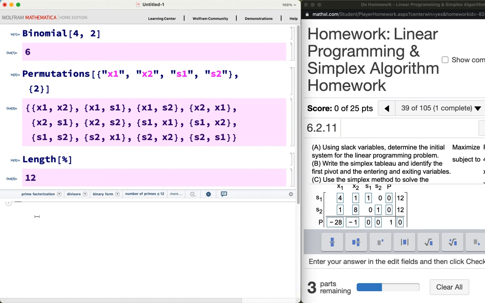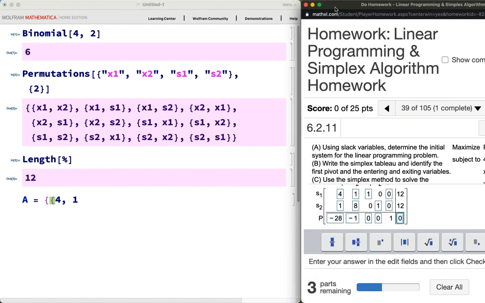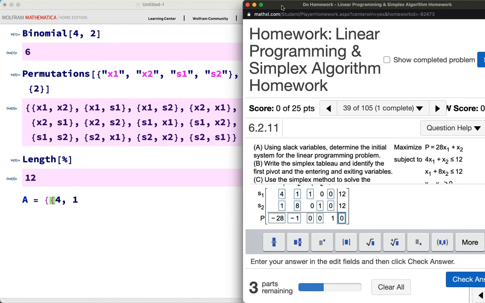So what should I call it? I'm going to call it matrix A, 4, 1. The identity matrix, you know what, I'm going to add that separately. So notice what's going on here.